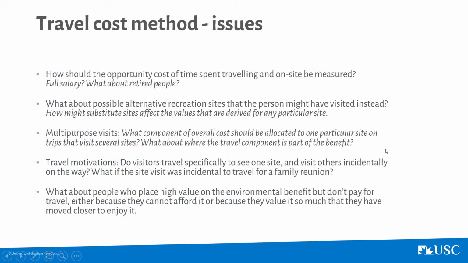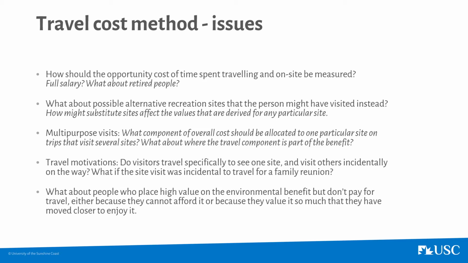So there are some issues with the travel cost method that I should point out. For example, if we're going to have a total cost of the experience, presumably part of that would be how much people are giving up in foregone wages to go to that site. So we would be interested in their wage rate.